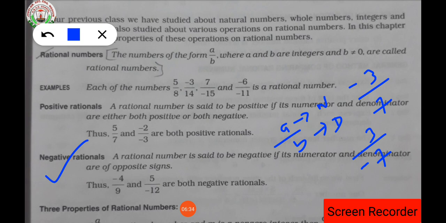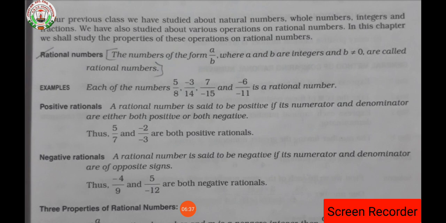Have you understood what I said? So again I am repeating the definition of a negative rational number. A rational number is said to be negative if its numerator and denominator are of opposite sign. That means either the numerator will be negative or the denominator will be negative.